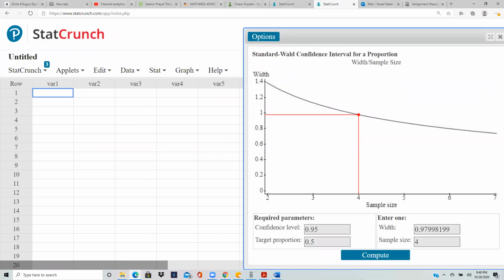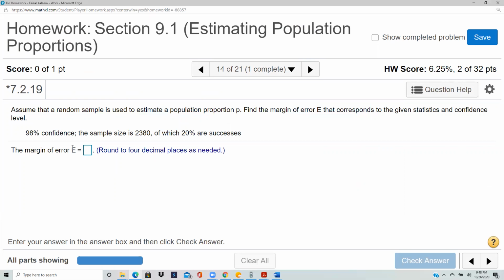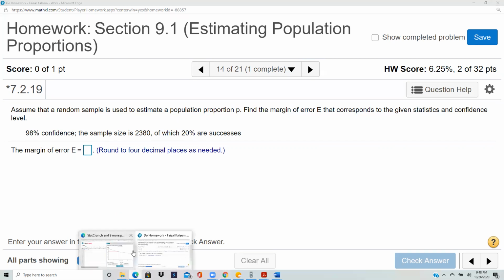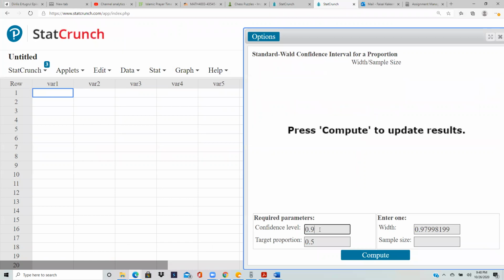Okay, so here we have 98% confidence, 2380 sample size.